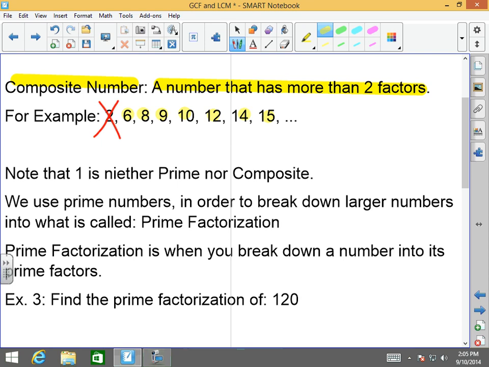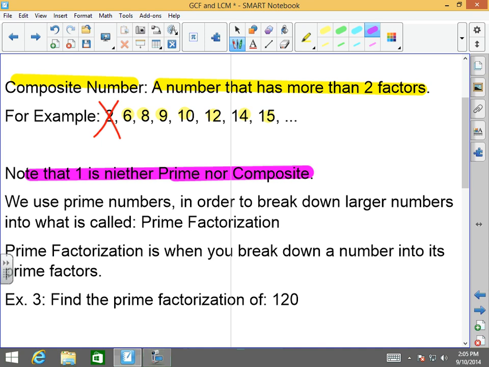Composite numbers are numbers that have more than 2 factors. I want you to please notice, though, that 1 is neither prime nor composite. Because think about it.